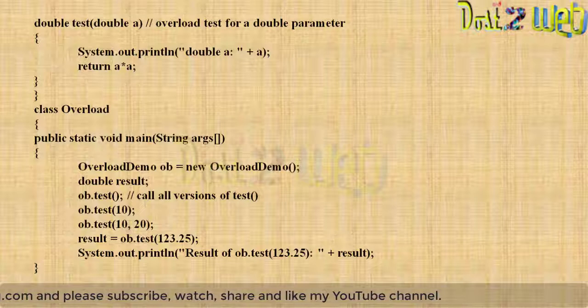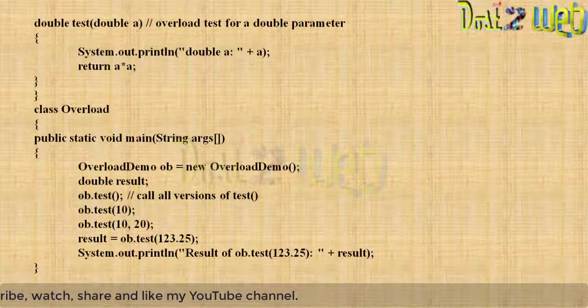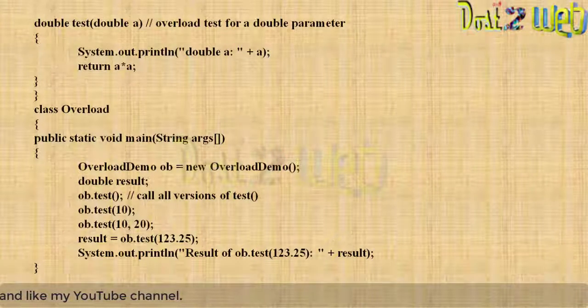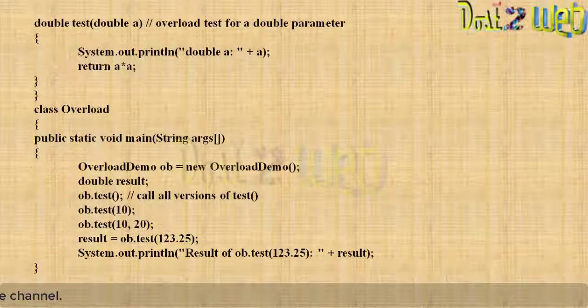Write three methods, at least 3 to 4 methods. Void test with no parameter, next void method name with one parameter, return type method name with 2 parameters, return type method name with 3 parameters.